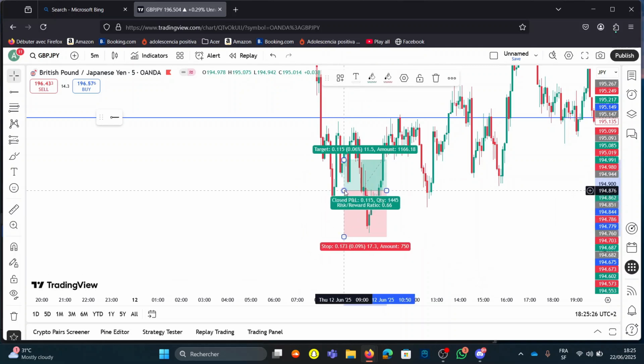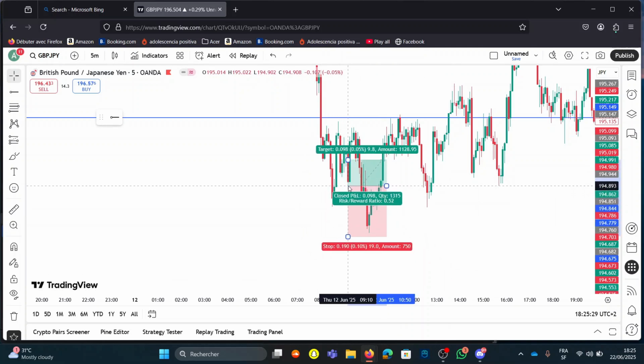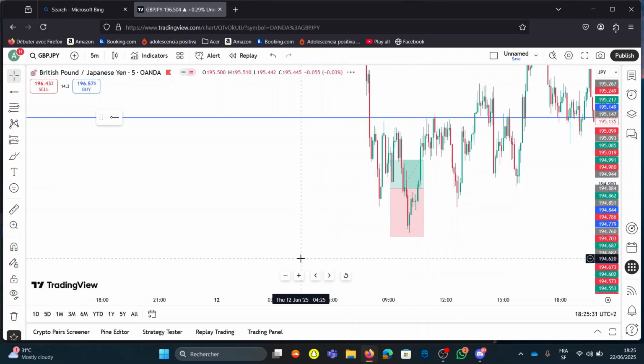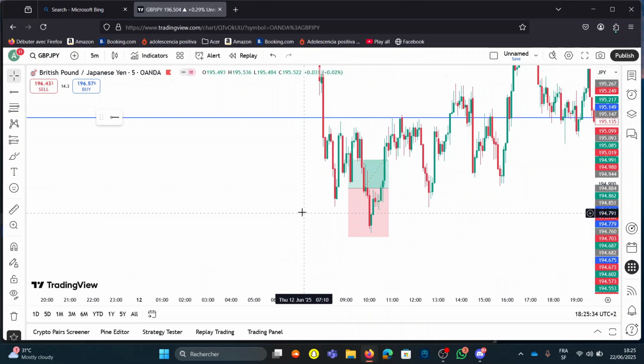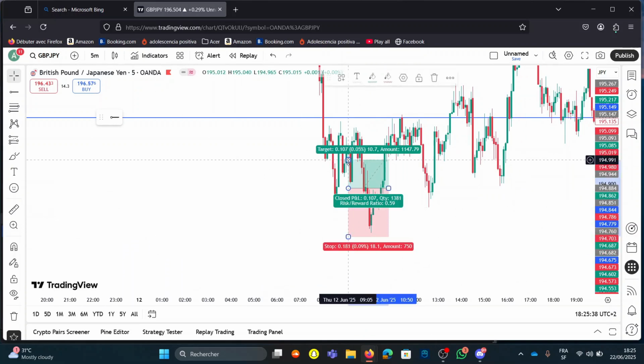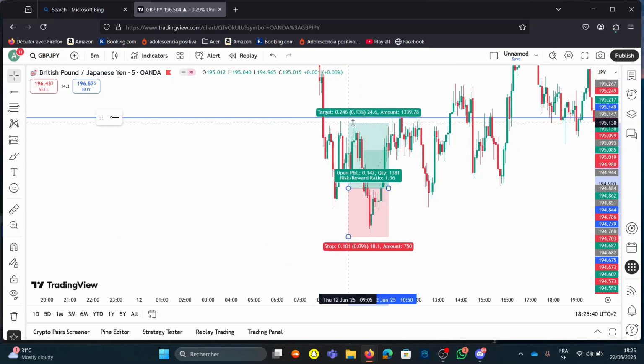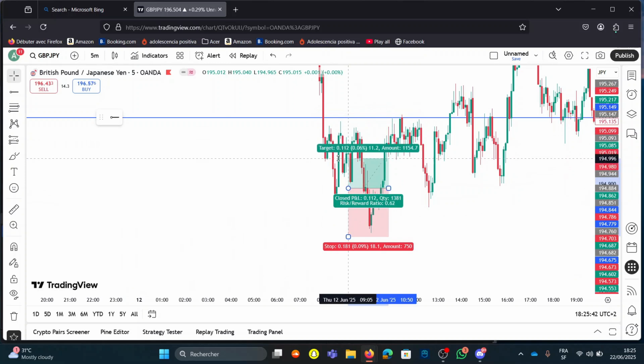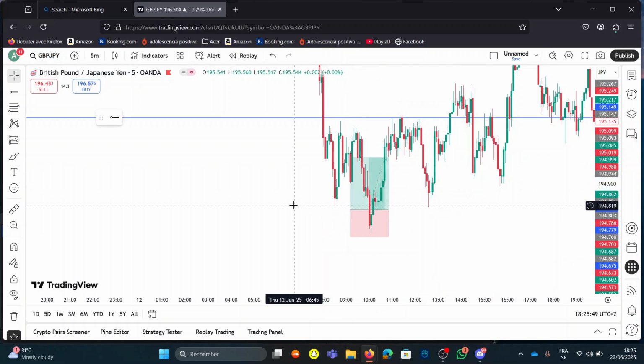You enter here, and you seek, depending on the liquidity sweep, if it's big or not. If you see that it triggered a bunch of liquidity, maybe you can do a bigger risk reward. Here I did not risk it. I did something like that, maybe more because I had won a bit, like here. And it hit TP.